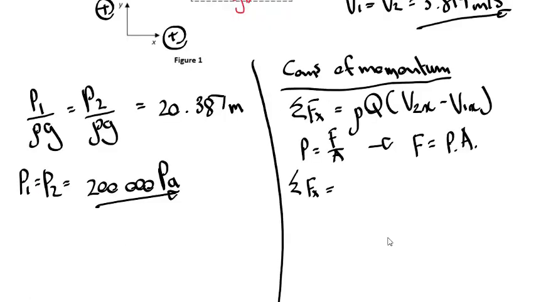So the first one is going to be the pressure 1x, P1x times the area in the x direction, plus P2x times A2x.